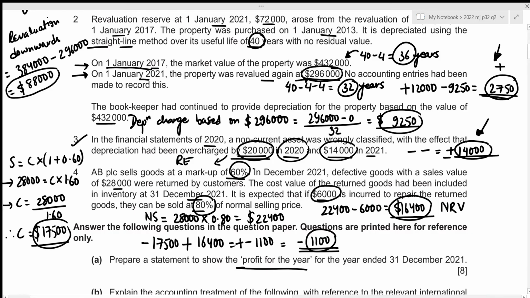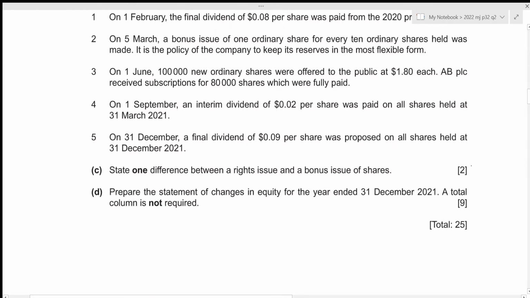Now, for the rectification, let's start with this amount of 20,000 for the year 2020. We have already said that this amount needs to be adjusted to our retained earnings at 1st January 2021, since this is an error of a prior period. And then this 14,000 should be adjusted against this current year's profit from operations as we did in the first part.